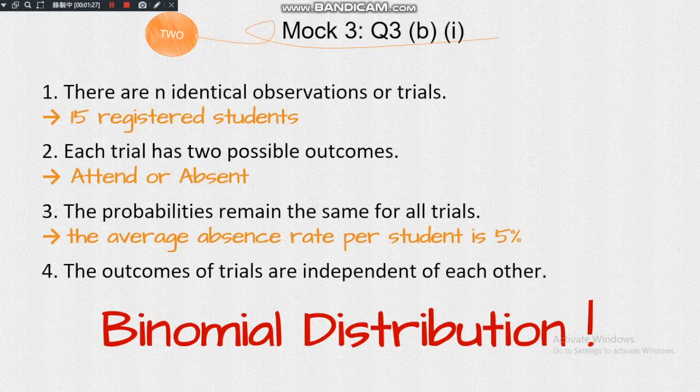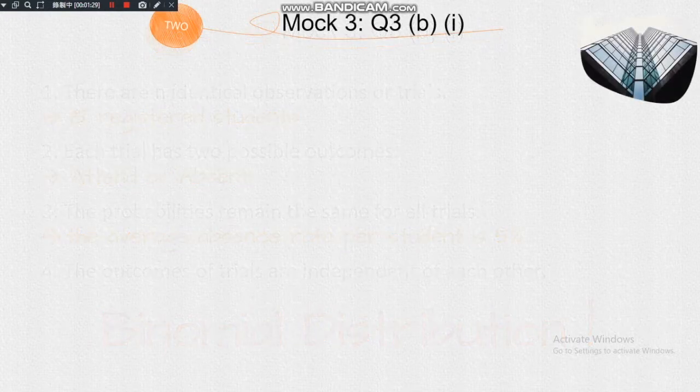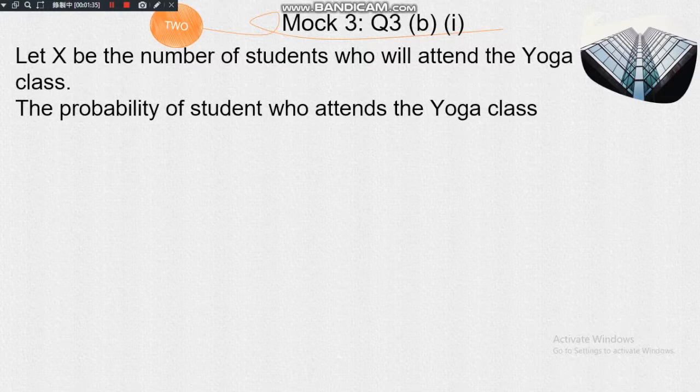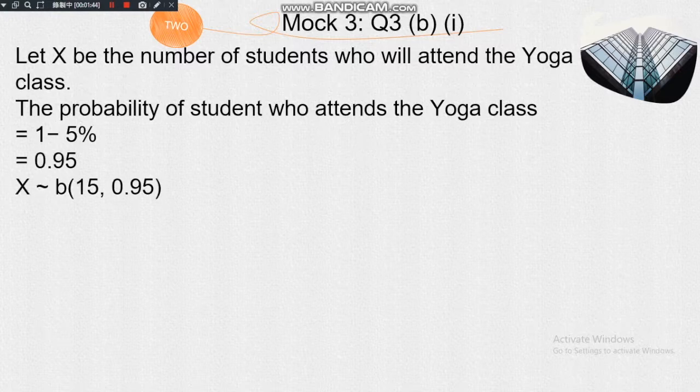We can start to calculate by first letting X be the number of students who will attend the yoga class. Then we find the probability of a student attending, which is 1 minus 5%, that is 0.95. Thus, it follows a binomial distribution of 15, 0.95.